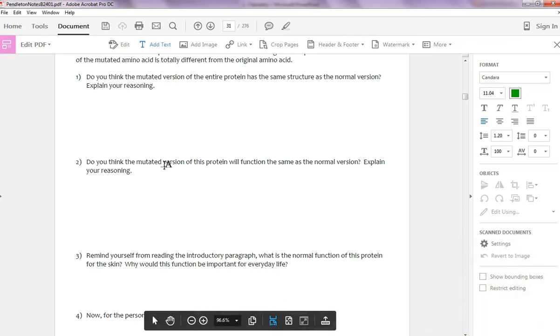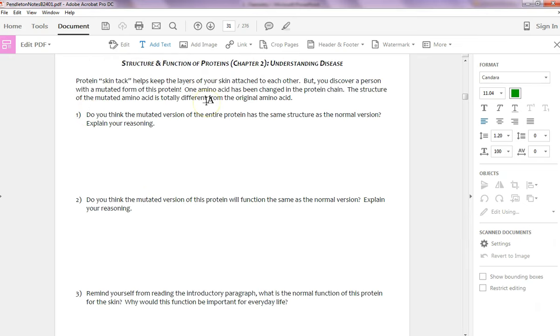So, if these questions take you through and it asks you, do you think the mutated version of this protein has the same structure as the normal version? And then it asks you to think, do you think the mutated version has the same function as the normal version?